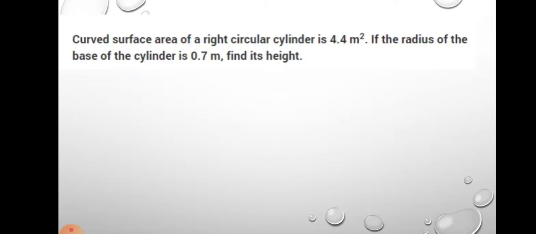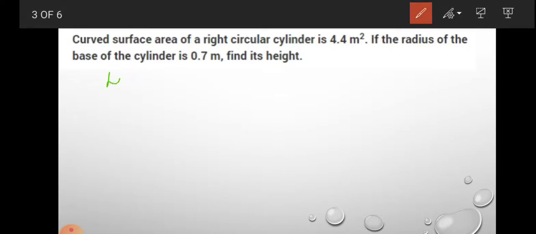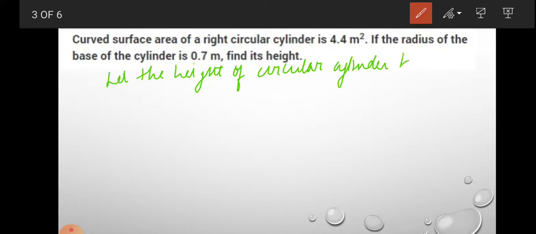Let the height be H. Radius is 0.7 meter, given.